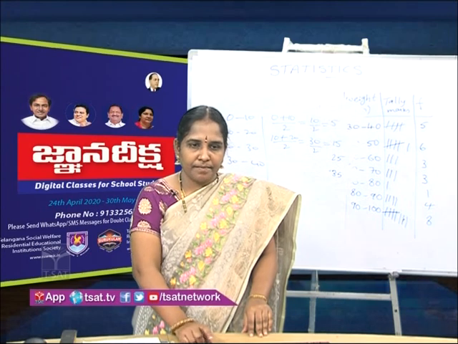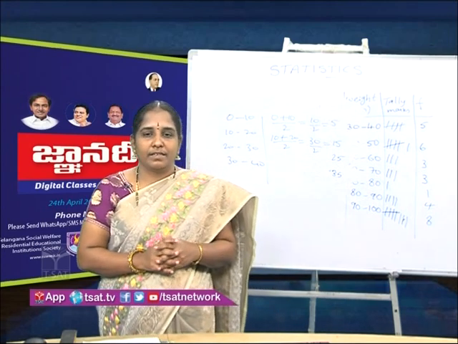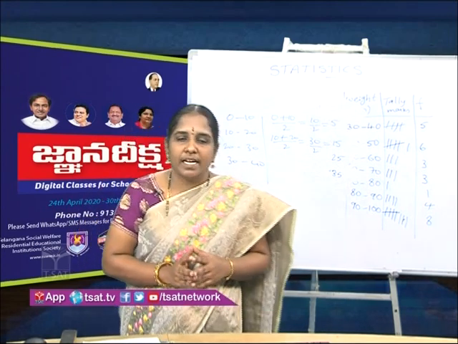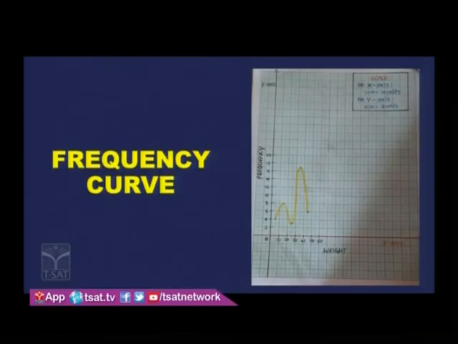Now let us see one more type of graphical representation, which is nothing but the frequency curve. There is only one small difference between the frequency polygon and the frequency curve. The mid values we have to calculate, frequencies we have already.